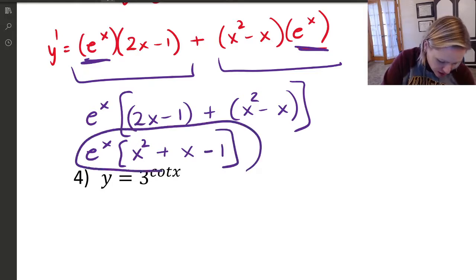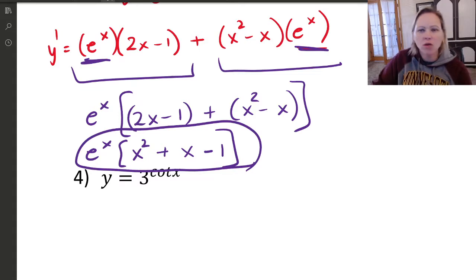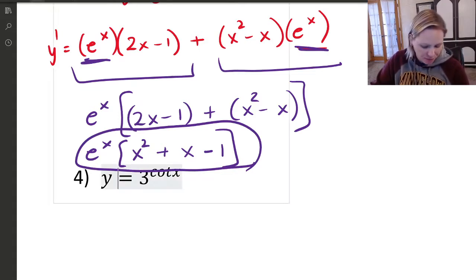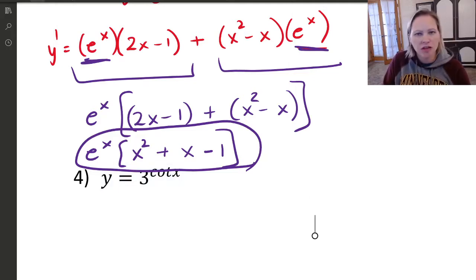So this, or quite possibly they may end up, it's possible that they could distribute the e to the x throughout, and that could be very reasonable to expect. But I think this is a pretty fair thing that would show up on a multiple choice test as an option for the answer to this type of problem. Okay, let's keep going. Let's take a look.